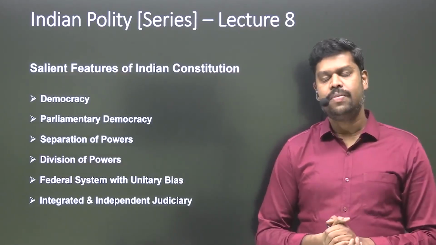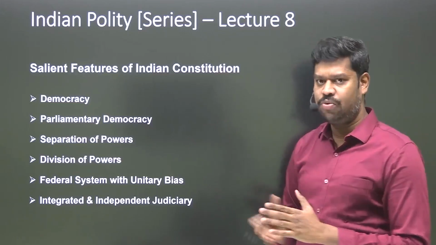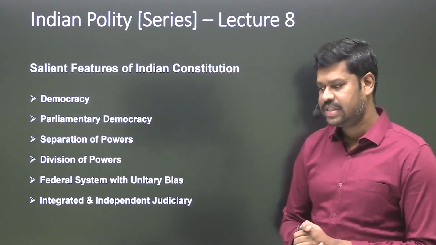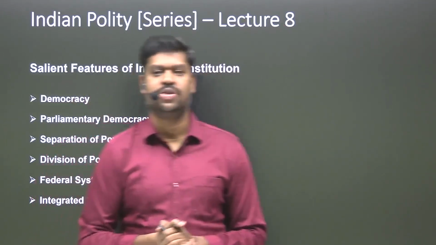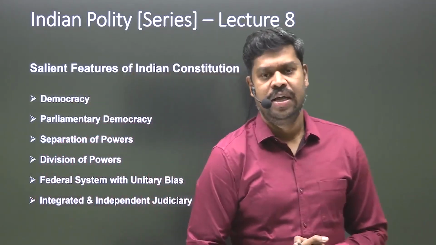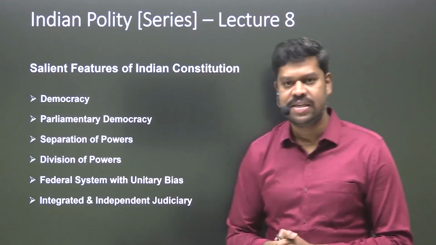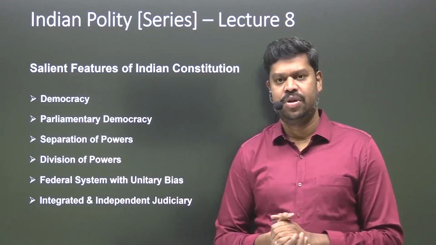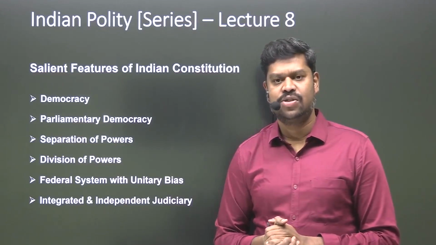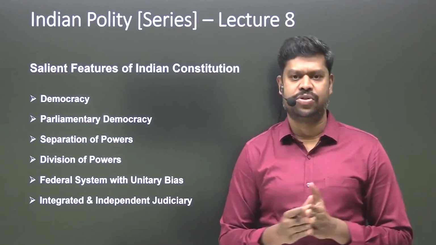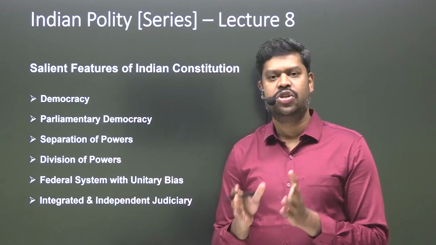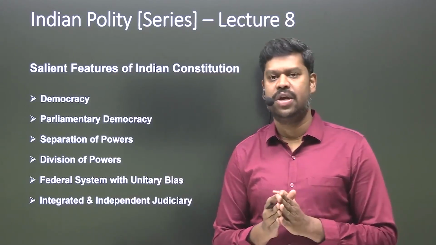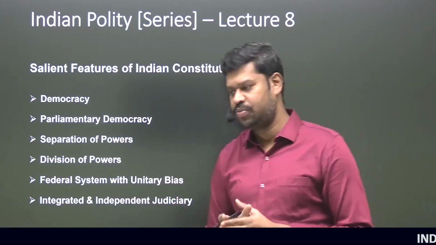The first and foremost thing that I wanted to discuss as a part of the salient features of the constitution is the concept of democracy. That means the Constitution of India says that it is a democracy. So we'll have to broadly understand what is meant by democracy. We have already learned that the Constitution is nothing but a rule book, based on which the country is to be governed.